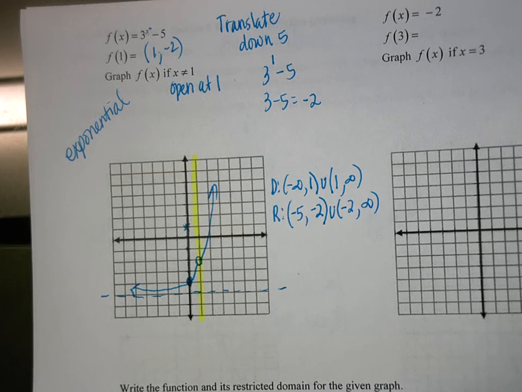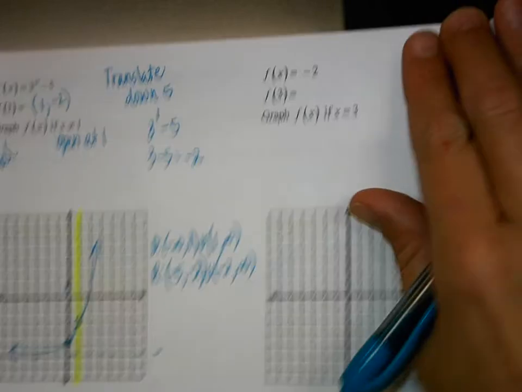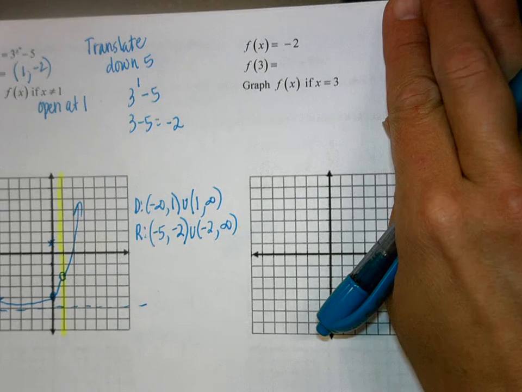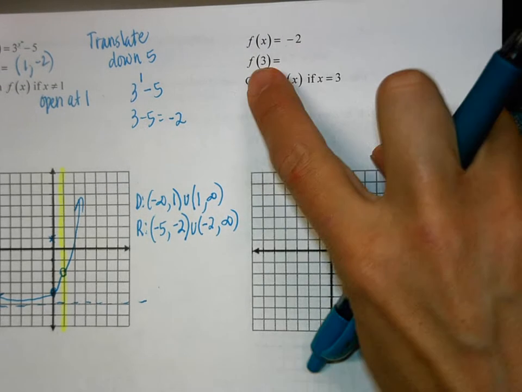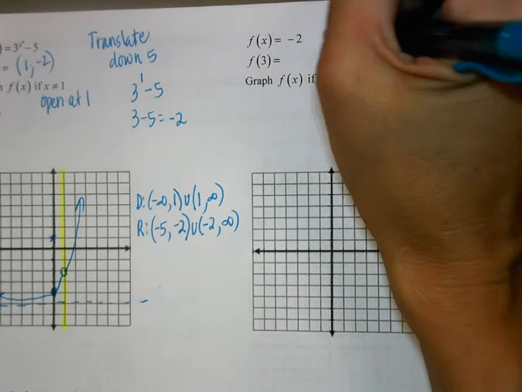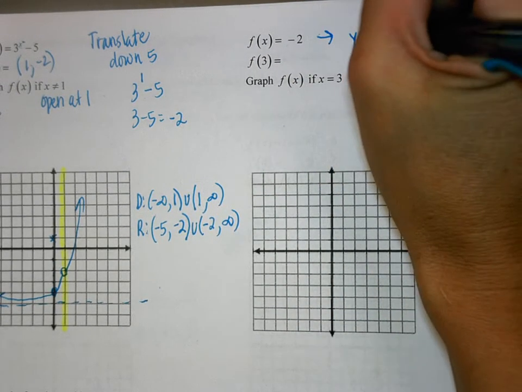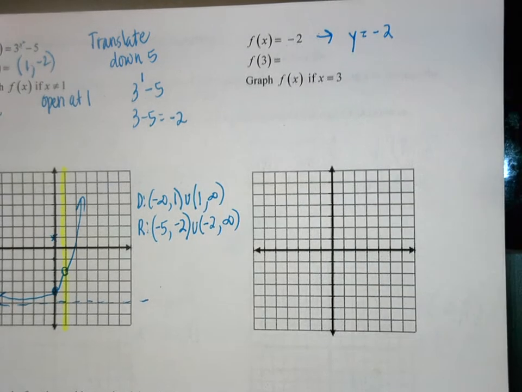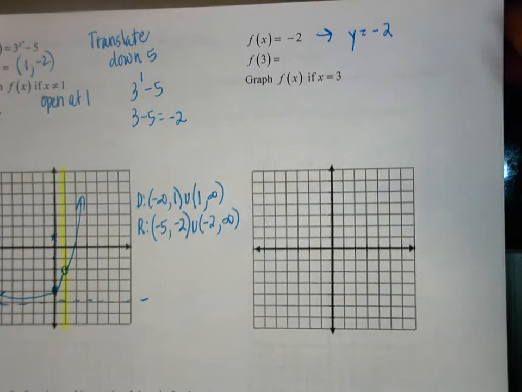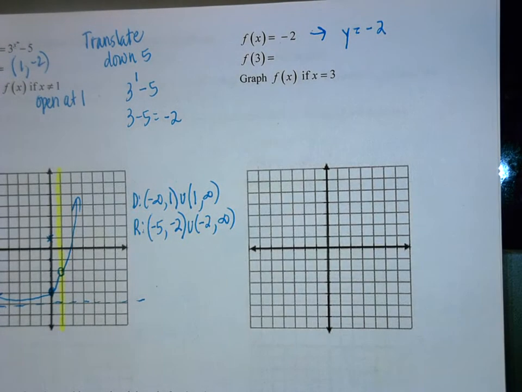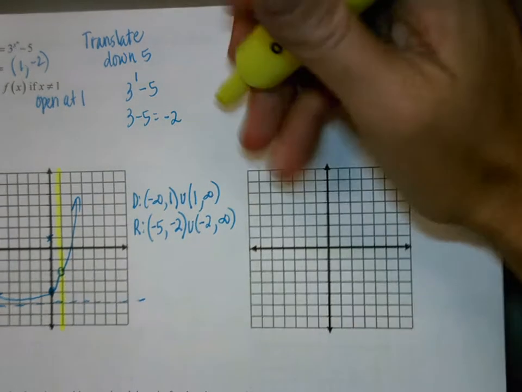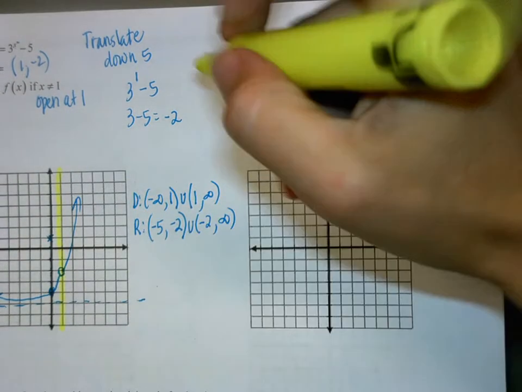Okay. So what does this one say? Okay, so this says f of x equals -2. Just so you know, that's the same thing as just saying y equals -2. Okay? But when we look at our restriction here, this says graph f of x if x equals 3.